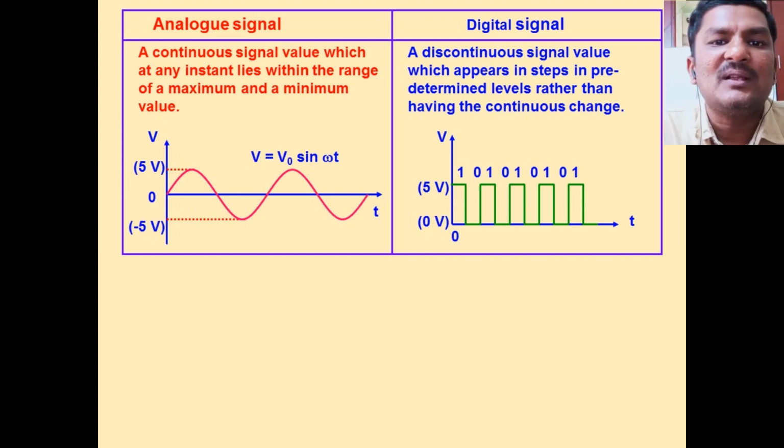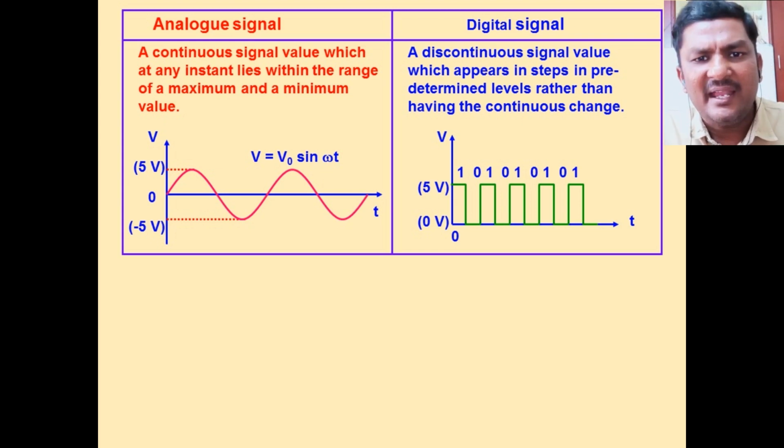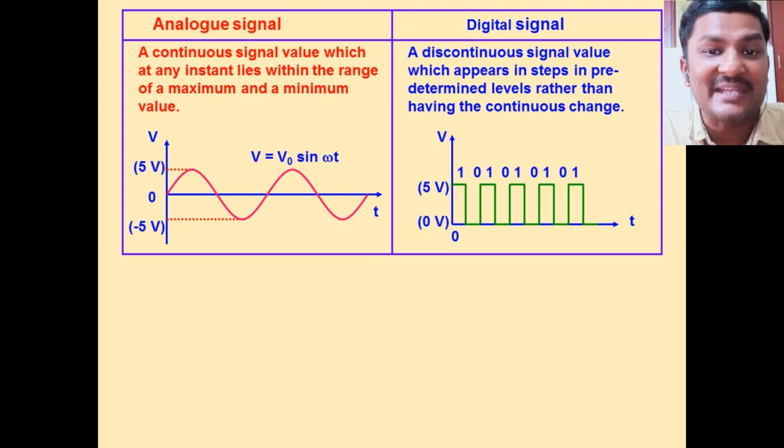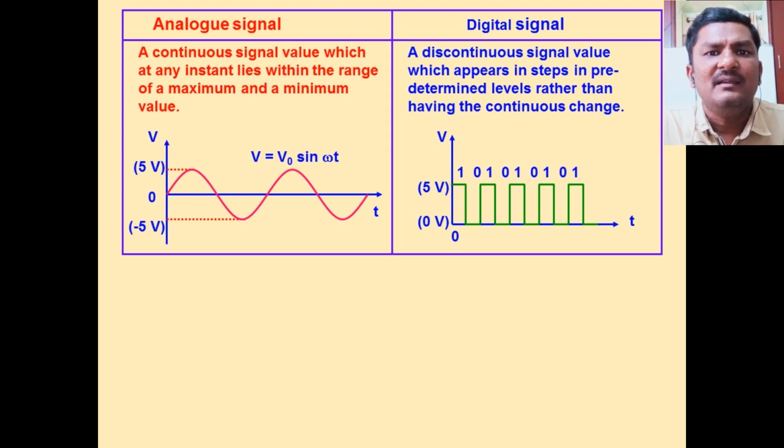Okay, so that is nothing but digital electronics, and a discontinuous signal value which appears in steps in predetermined levels rather than the continuous change is called a digital signal. A digital signal has only 2 values, 0 or 1.